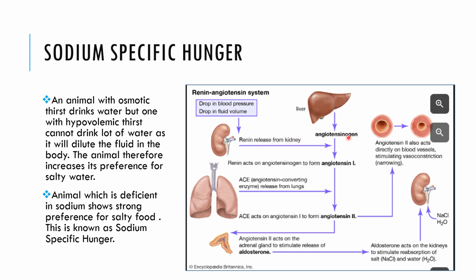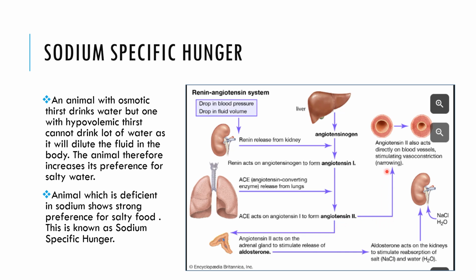So renin acts on angiotensinogen and forms what is known as angiotensin 1. Angiotensin 1 reacts with ACE, that is angiotensin converting enzyme, which is released by the lungs. So ACE plus angiotensin 1 together forms angiotensin 2.